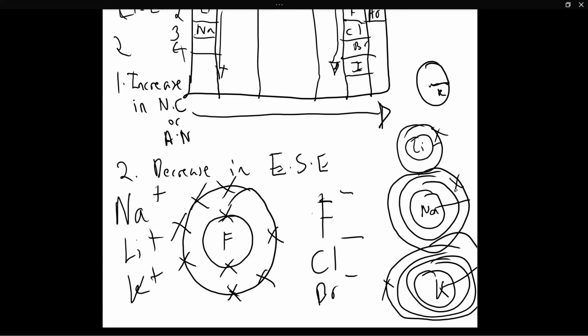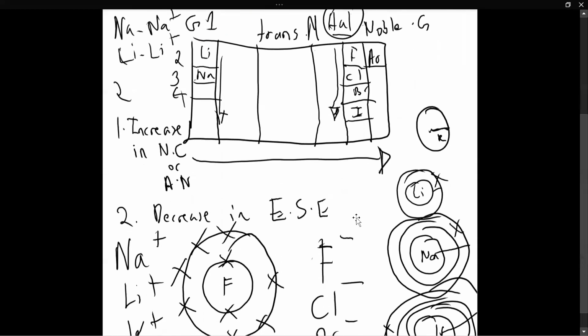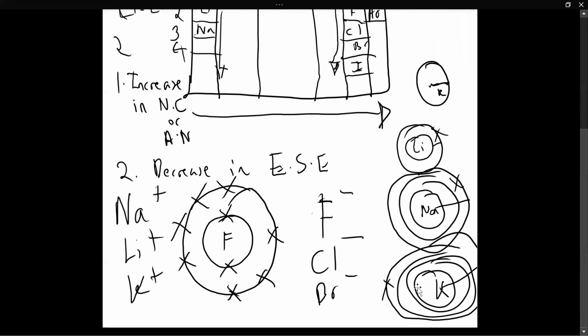But if you keep them at a distance, they won't do anything because, remember, distance matters. The force of attraction gets weaker as you take an electron further and further away from the nucleus. So that's why ionization energy decreases down group 1, because it's easier to overcome the nuclear influence on the electron when it's further away from the nucleus, if that makes sense.